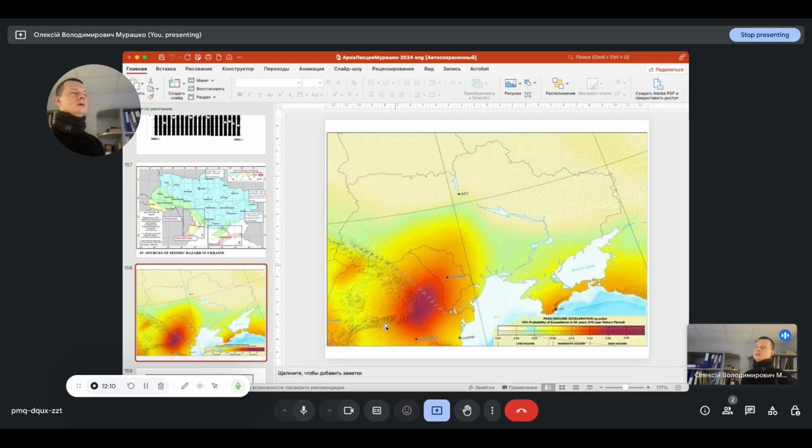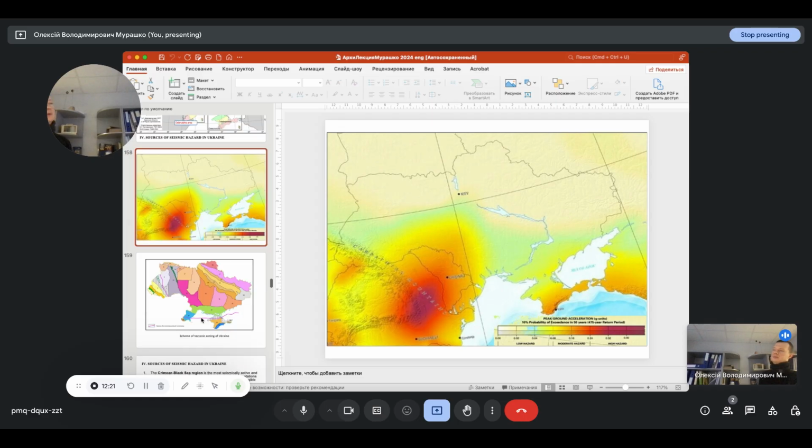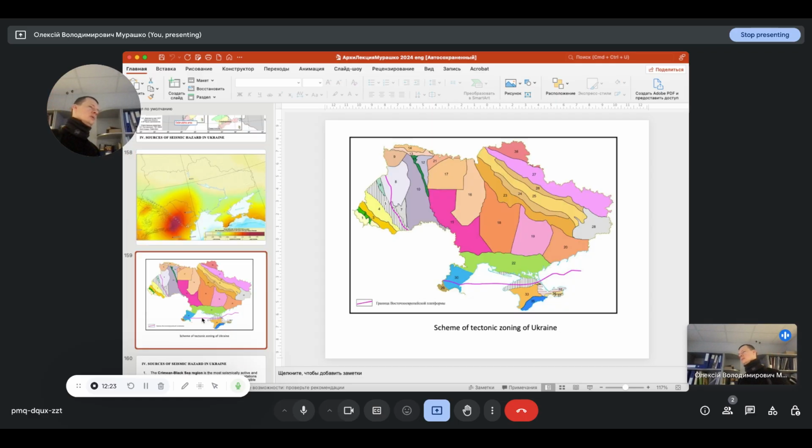Here is the peak ground acceleration, and you can see that most of them are located in Romania, but some of them are located directly in Crimea. And also, we have to consider the scheme of tectonic zoning of Ukraine, and you can see that the Ukrainian shield, as it is called, this seismic platform, consists of small other shields, with a quantity of more than 30.